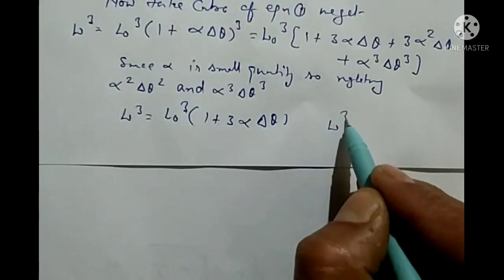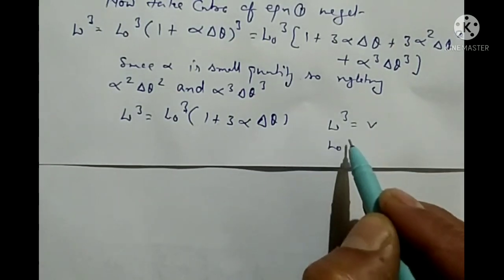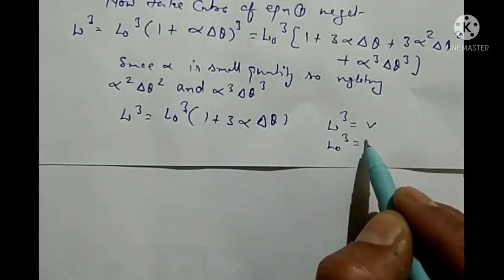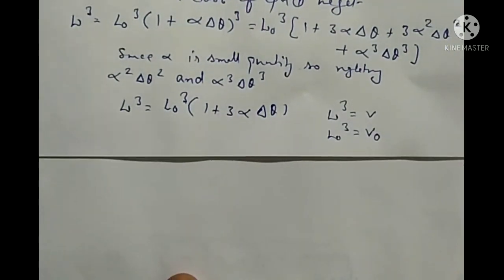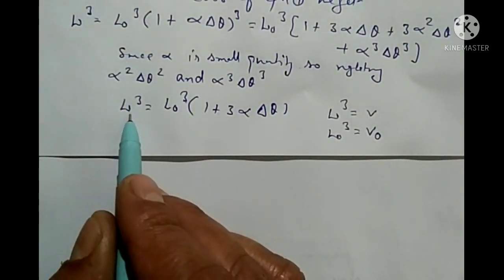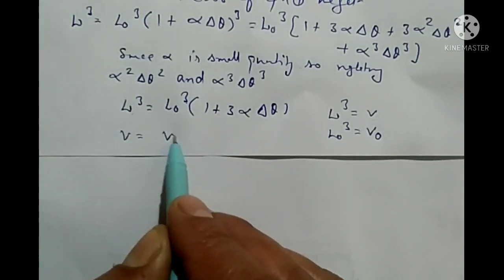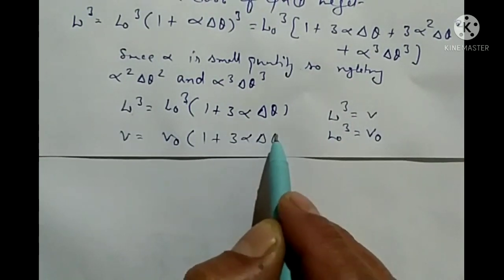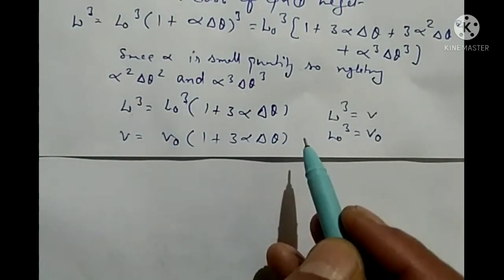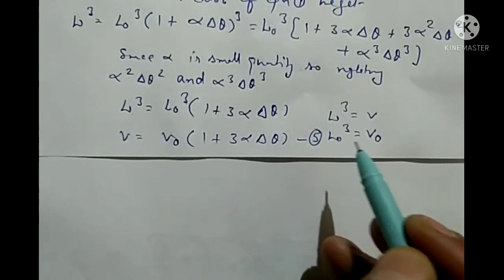We know that L cube is equal to V and L naught cube is equal to V naught. So this equation becomes V is equal to V naught (1 plus 3 alpha del theta). This is equation number 5.